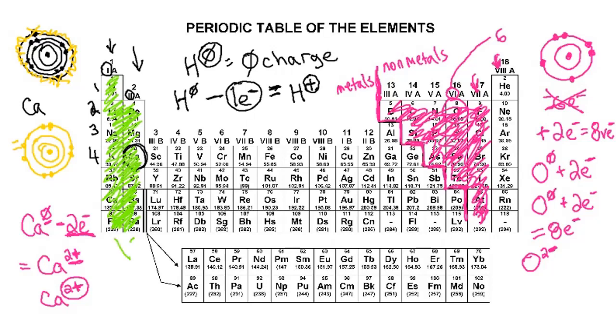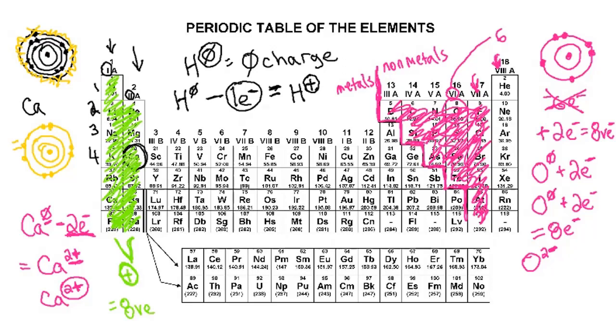So these guys are always going to end up with a positive charge when they're in their ionic state, when they're an ion. And remember, an ion is just an element that has given up or taken on more electrons so it can have 8 electrons in its valence shell.